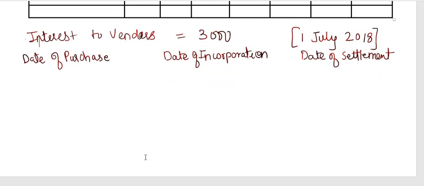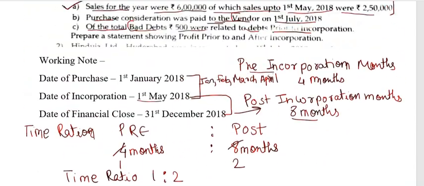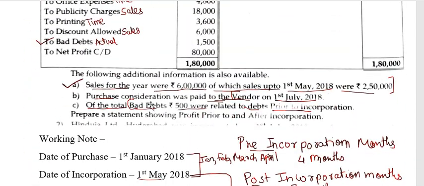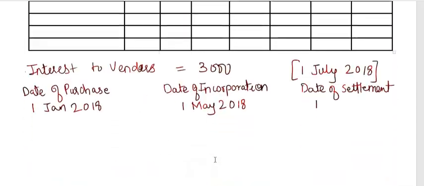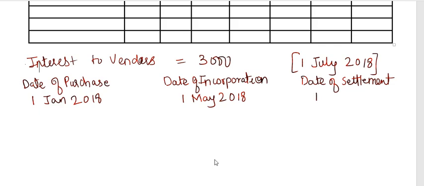So purchase date is 1st Jan 2018, incorporation date is 1st May 2018, and settlement date, which is given in the adjustment, is purchase consideration was paid to vendor on 1st July 2018. That means this is the settlement date, 1st July 2018.